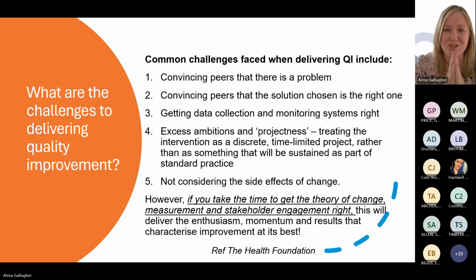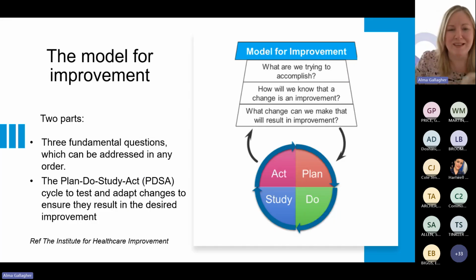So try not to be like myself, which is when I go to decorate the house, I'm desperate to get the paint on the walls, and be more like my husband, who thinks about the improvements that need to be done, the preparation and what have you beforehand. Much more successful. So you'll all be very familiar, I'm sure, with the model for improvement, and that's certainly the model that we base our work around in Maternity SIP.